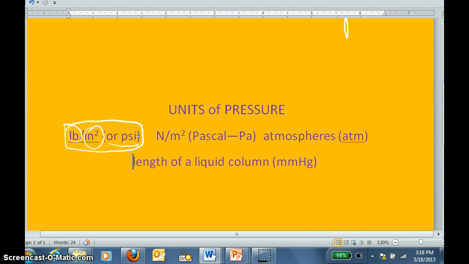But if you're going to use the metric system, force is measured in units known as newtons, and this big N stands for newtons. A newton is not a lot of force. It's literally the amount of force necessary to accelerate or increase the motion of a 1 kilogram mass by 1 meter per second squared.